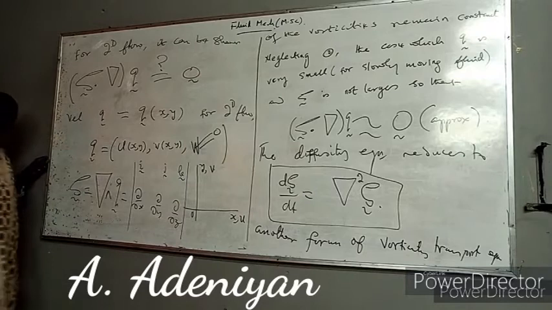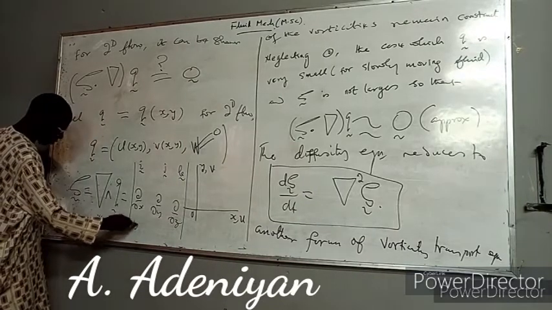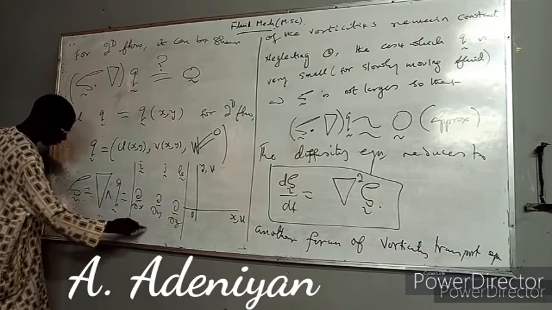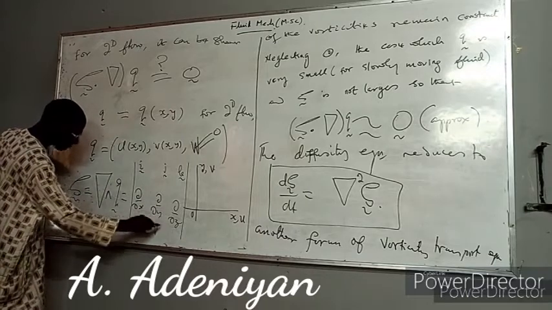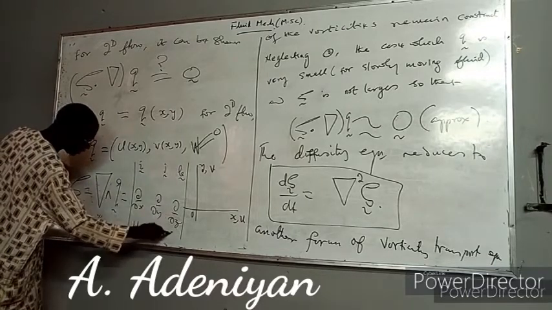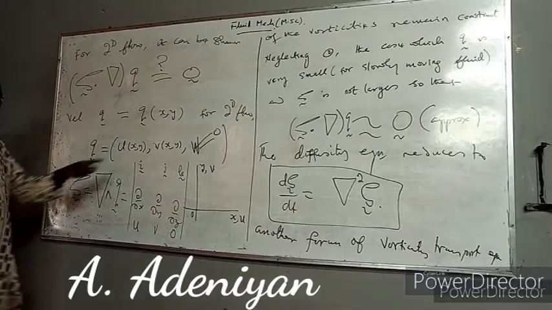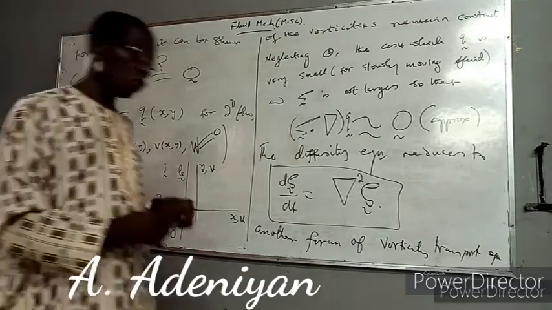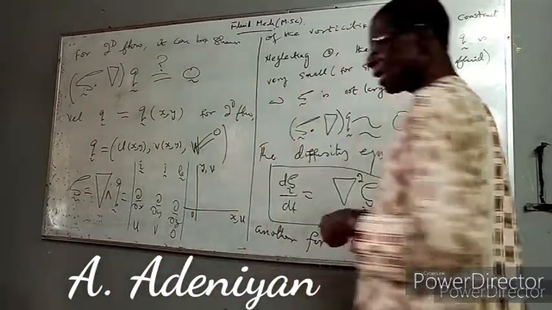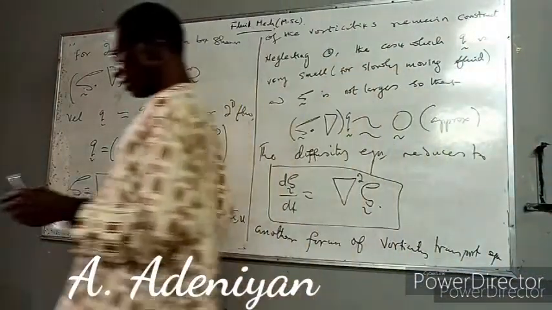Whereas q has three components, one of them is 0. Along i it is u, along j it is v, and the one along k we are taking to be 0. That's why we say that w is 0 for 2D flow. Now, can we expand that out? Expanding that, you will get what?